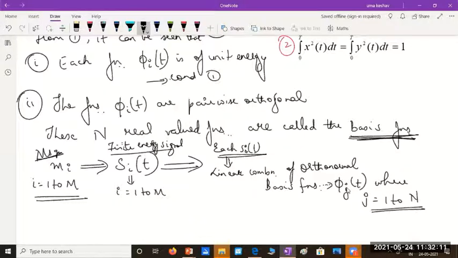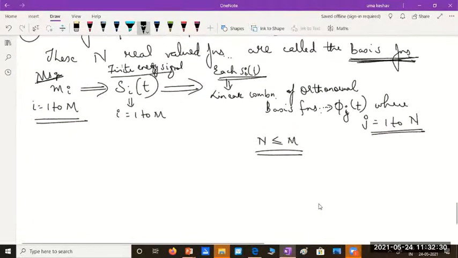I'll write the equation next. And one more thing you should remember, this capital N should always be less than m. I hope now you're able to follow this.